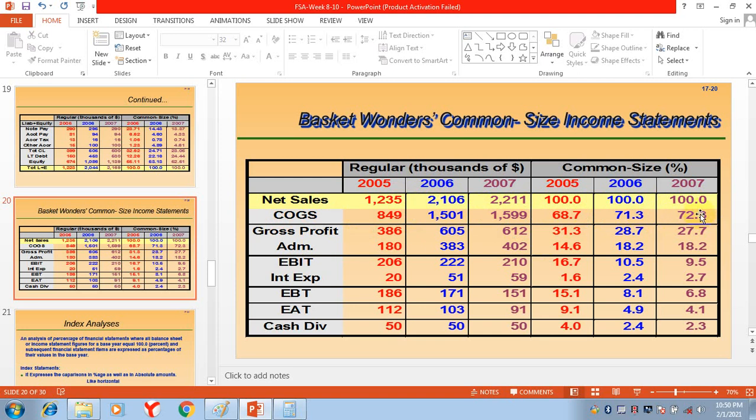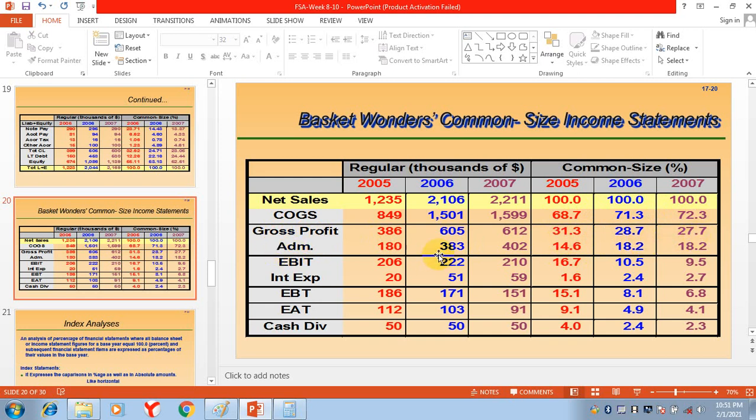You are not controlling the cost. You studied cost accounting. In cost accounting, we studied that the purpose of cost accounting is to ascertain the cost and to control the cost. Here is not proper controlling. Cost is increasing from 68 to 71 to 72. So when cost increases, your gross profit will decrease. So gross profit from 31 comes down to 27.